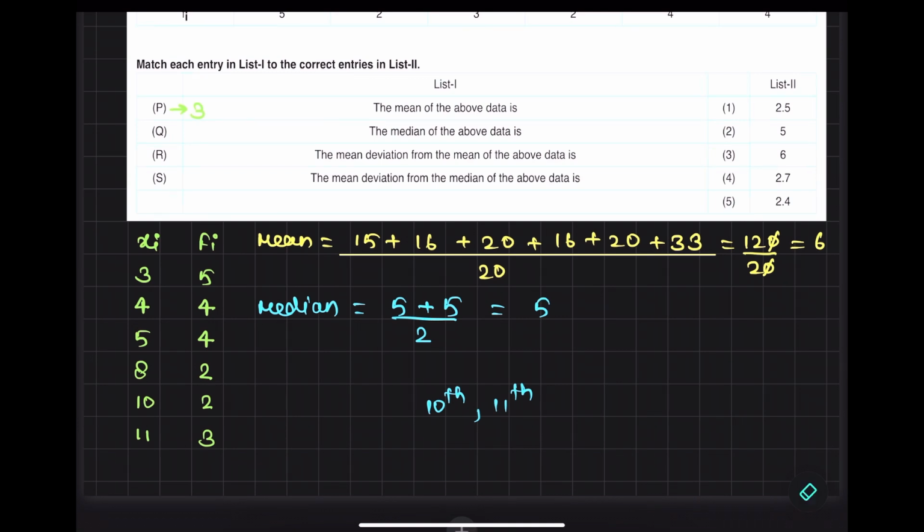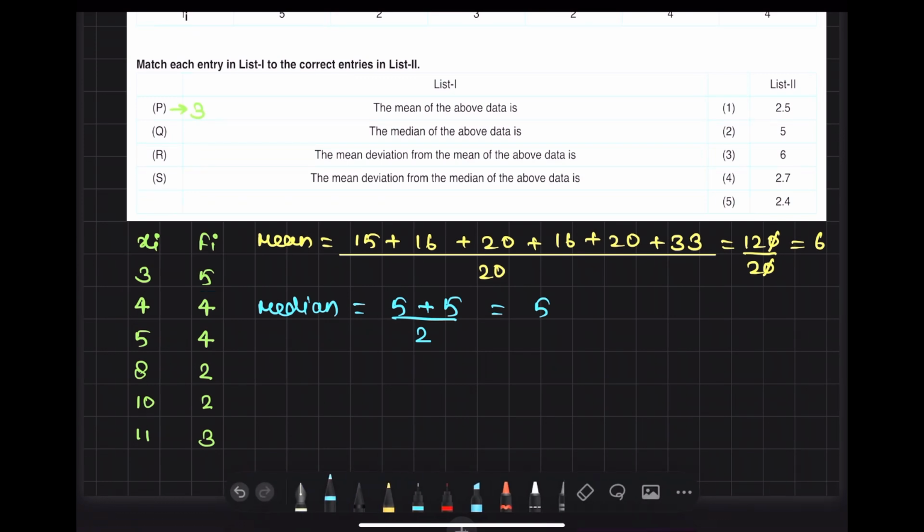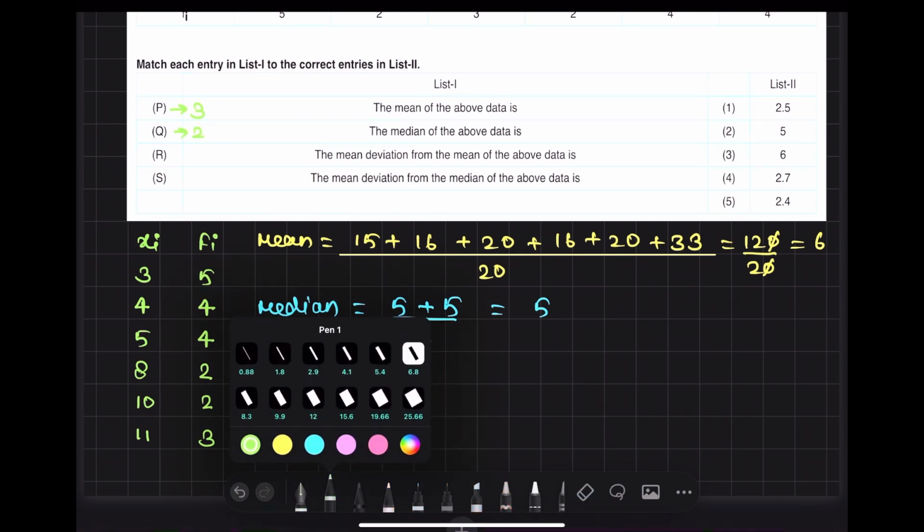So the median becomes 5. Is that clear? If they talk about mode, this is the mode. Why? Because this carries the maximum frequency. Okay, now we will connect Q with 2.